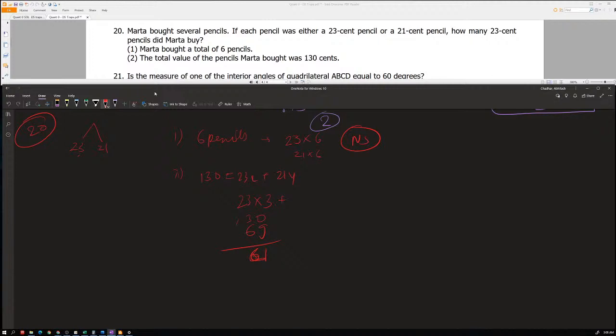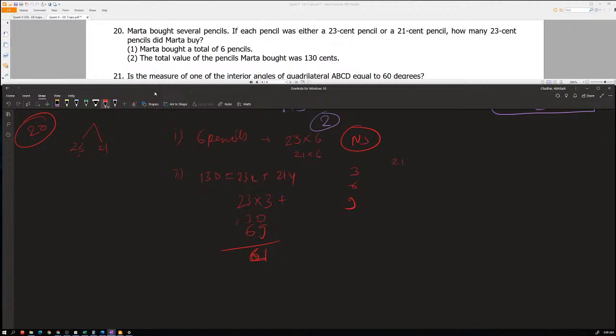What can be another solution is that this guy will go to 3, 6, or 9, and this guy can get to any value, because it's 21.